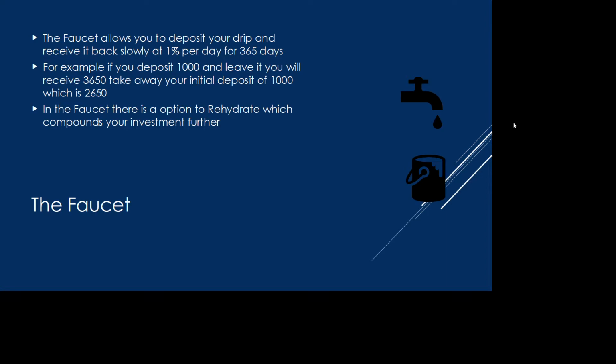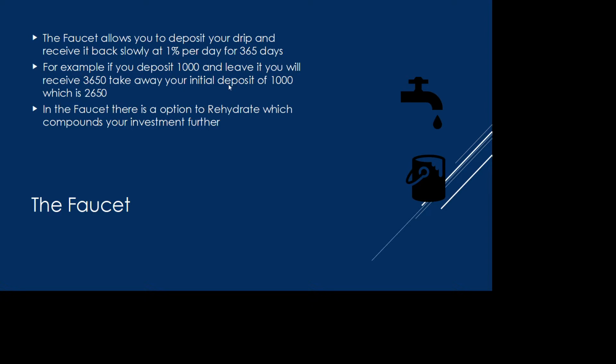But whatever you put in here, you can't get out. So if you put $1,000 in here, it's gone, it's non-refundable, and once it's in there you will get 1% per day coming out for 365 days. That's if you don't rehydrate, which we'll discuss in the next slide. So if you put in $1,000 and just left it, you would make your return back after around 100 days.